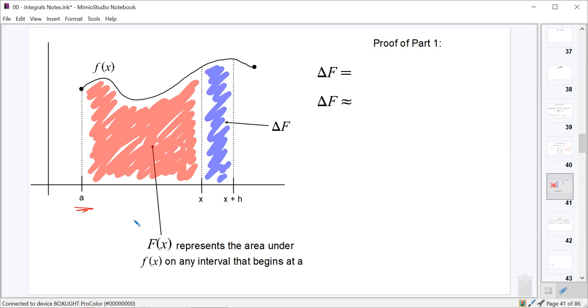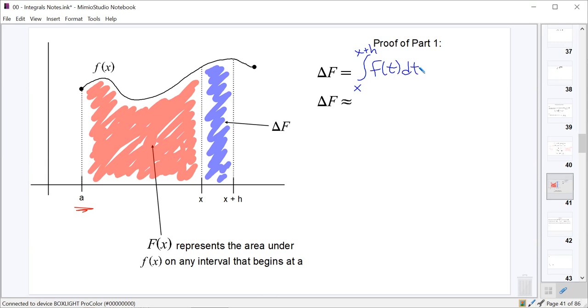So we could say that the value of delta capital F should be equal to, there's a couple different things we could say. One is that it is equal to an integral from x to x plus h of little f of t dt. And we use t as a dummy variable here.